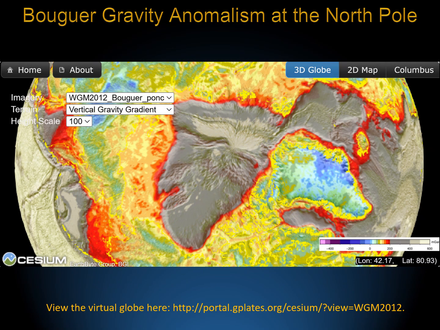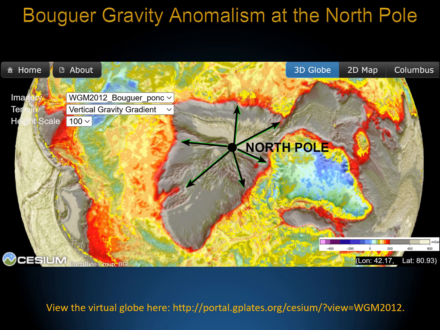The second thing to note is that at the North Pole there is a distinctive pattern, which will be revealed in the next few slides. That pattern is radial.